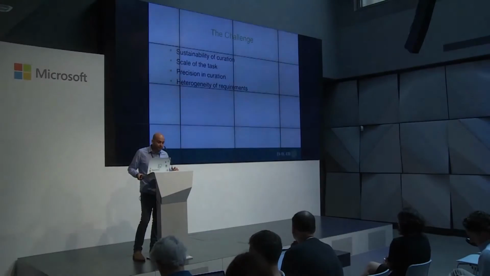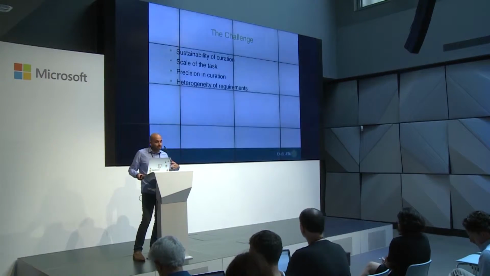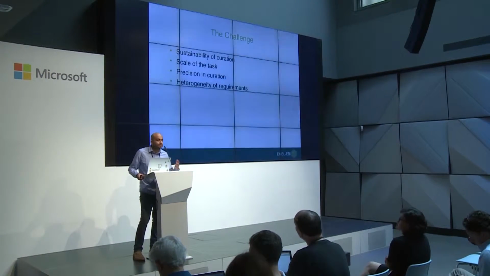So these features are useful, but it's not enough, basically because we are in the age of big data, and life science is no exception. What we have to do is make literature more accessible to users, mainly curators.